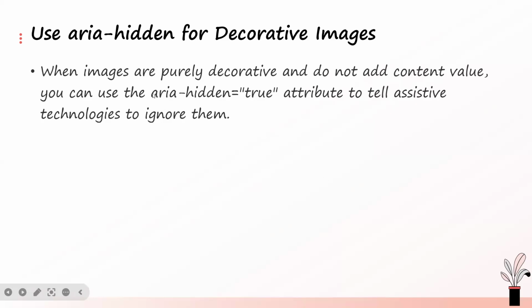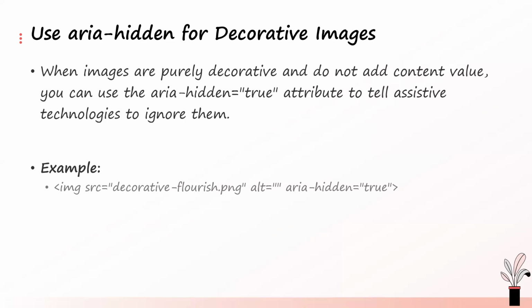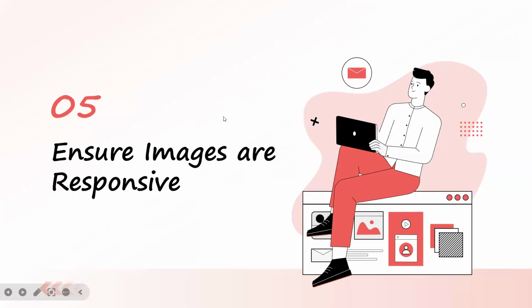You can hide them from assistive technology so that they don't display it. So this is a decorative image, and of course you see the alt text is empty, and it's using aria-hidden true. So this will be ignored by assistive technologies.